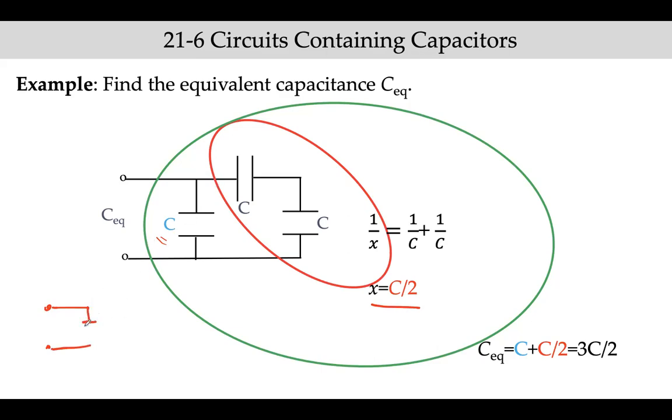So here we have this blue color C. And then the rest here is now C divided by 2, and it's now parallel to this capacitor. So when you have two capacitors in parallel, then you just add them up. So C plus C divided by 2 is 3C divided by 2. So this is the equivalent capacitance when measured between these two terminals.